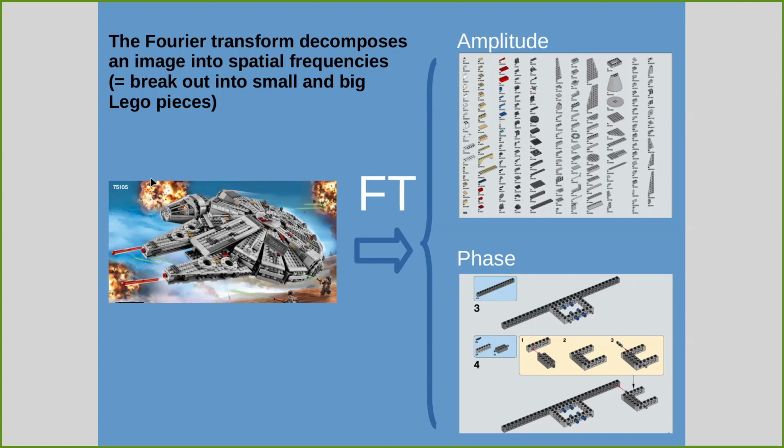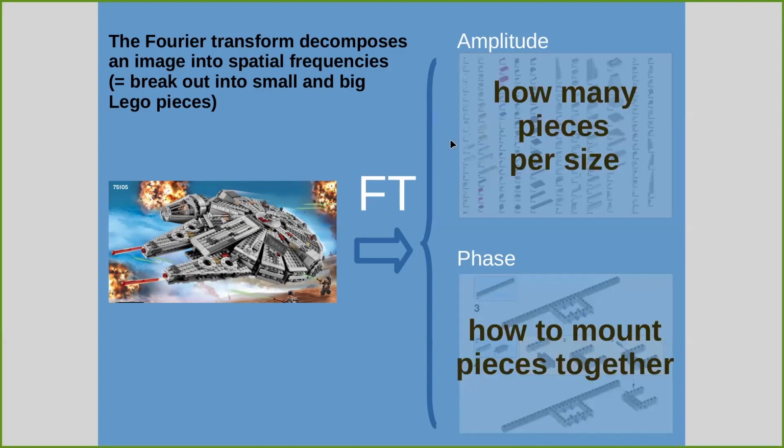And actually, this will be your image in the sky. And that's basically what the Fourier transform will do. So the Fourier transform, if you observe the amplitude, more or less is how many pieces of different size you will have to reconstruct your image. And the phase gives you the instructions on how to mount the pieces together.